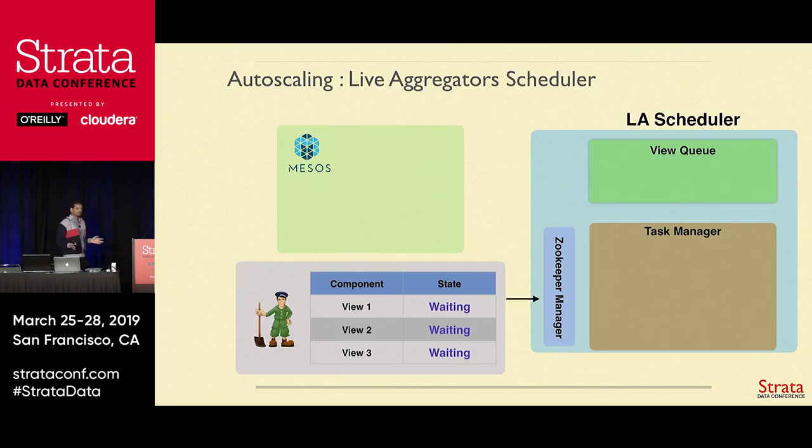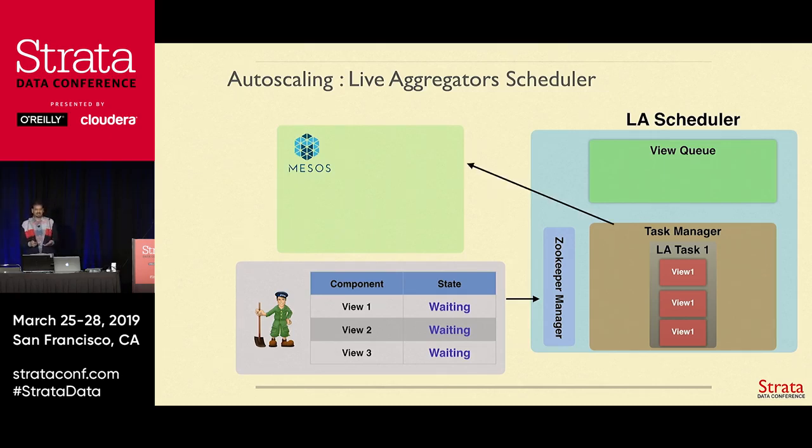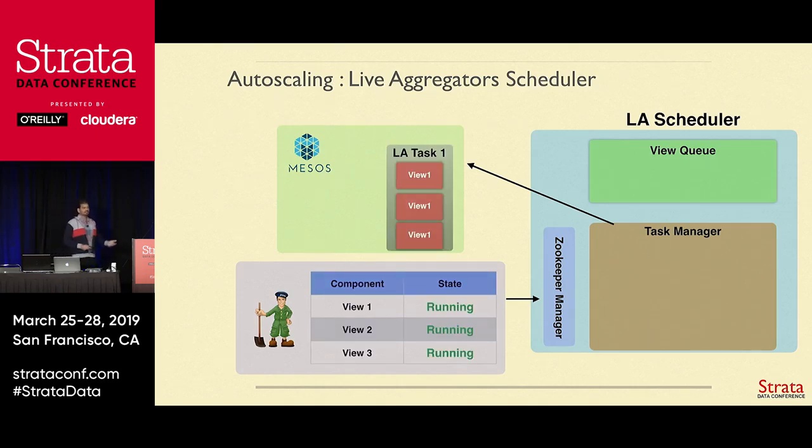There are three views in Zookeeper, view 1, view 2, view 3, which need to be scheduled. They are in waiting state. The Zookeeper manager finds these three views and puts them in a queue. The task manager continuously fetches views from the queue, packs them in a task, creates a Mesos executor, and schedules it on the Mesos cluster.